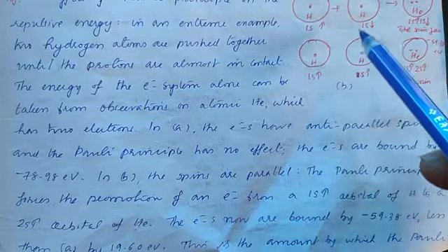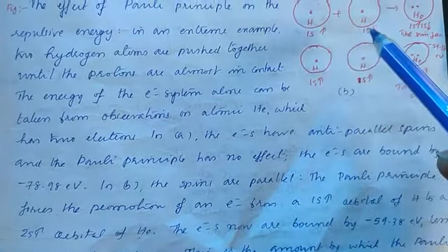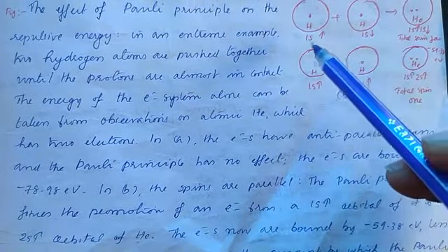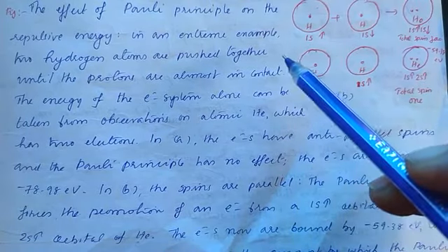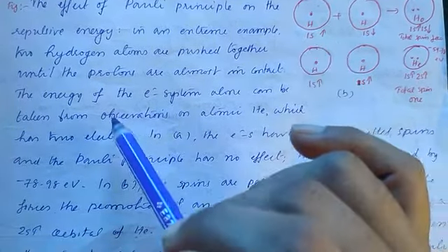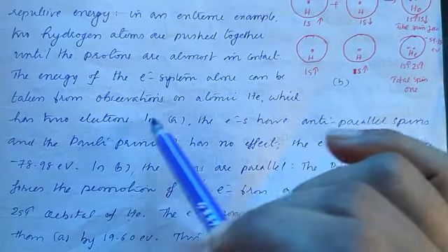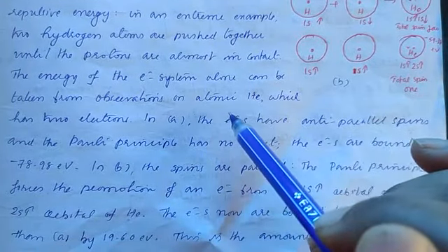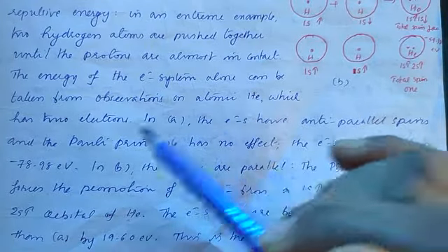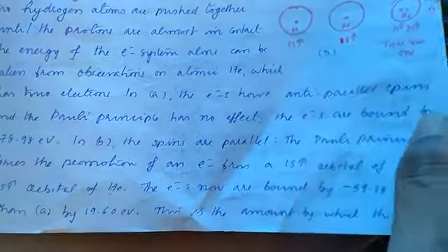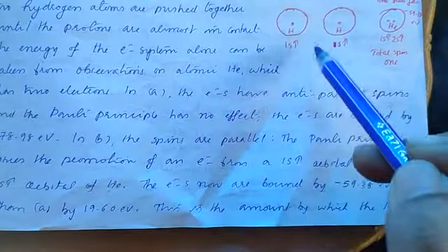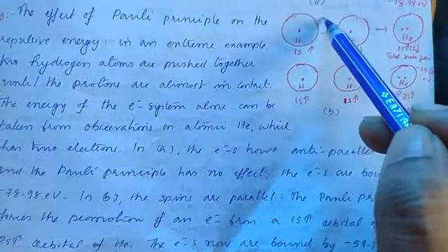So what we are doing is pushing these atoms until they come to the utmost contact. The energy of this electron system alone can be taken from observations on atomic helium, which has two electrons. So this is figure A and this is figure B.